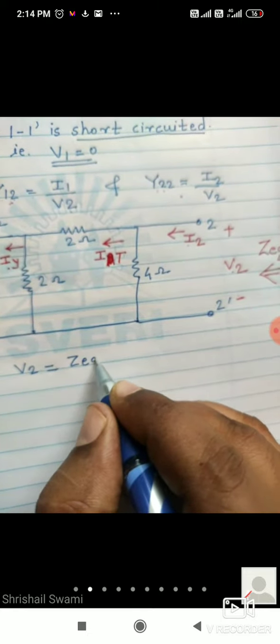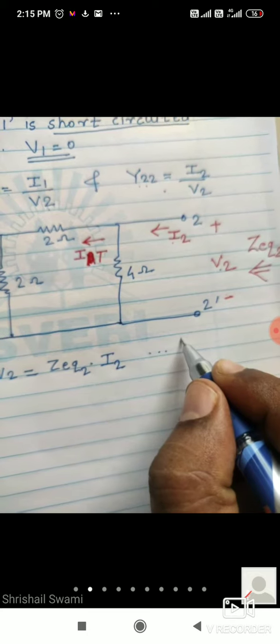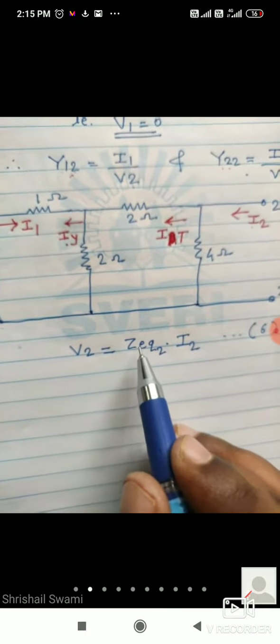Okay. So before this we are studying. Here V2 is equal to total impedance Z equivalent into total current I2. So this will give the equation number. किती use केला होता आपण equation? I think 5 equations we have used. So this will be the sixth equation. So you have to calculate now Z equivalent.